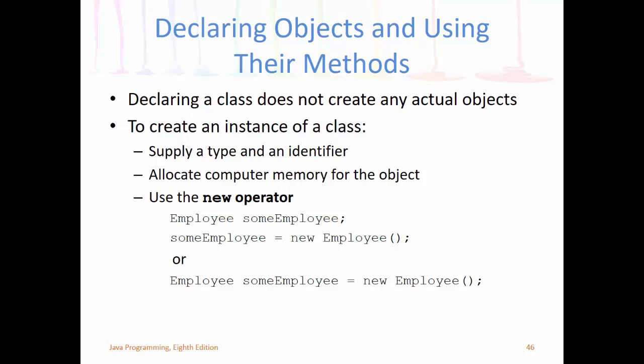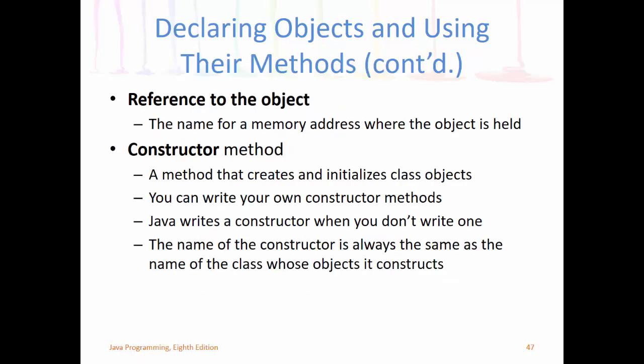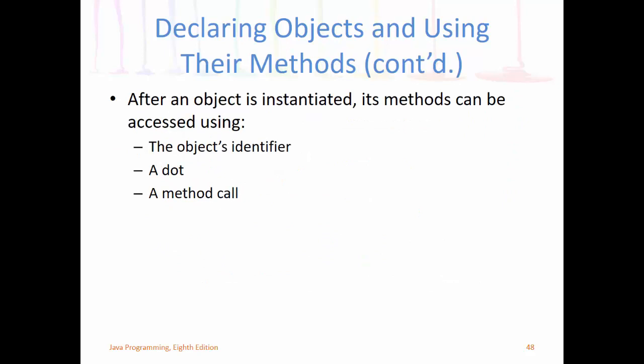In other words, we say what data type we're doing, we give it a name, we use the keyword new, and then we use the data type again with parentheses, sometimes with stuff inside, sometimes without. But that is the constructor. So when we talk about a constructor, this is the constructor. This is actually what constructs the object. Okay? So it's more terminology than anything else.